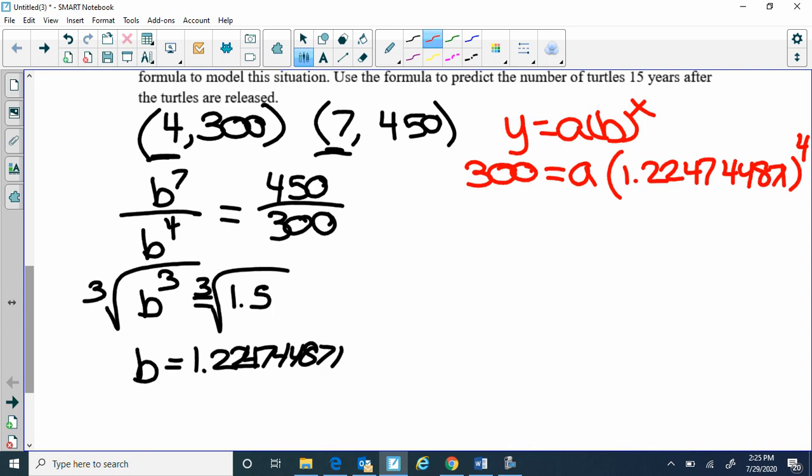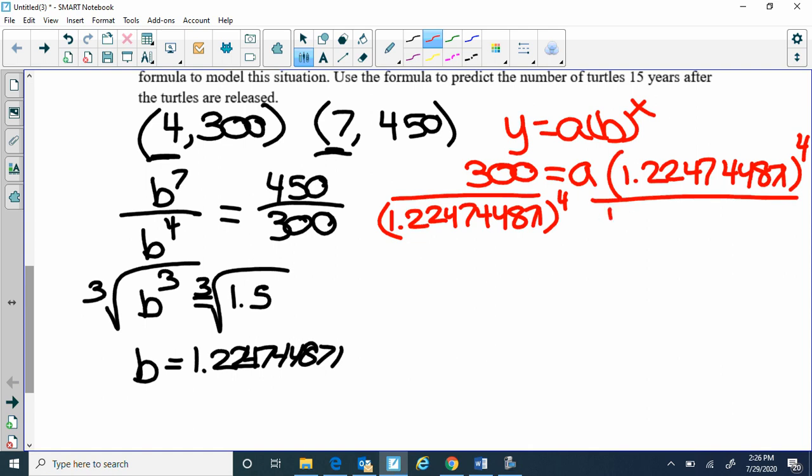Now again, I'm just going to divide to get a alone. And what I'm left with is a equals 133.333.